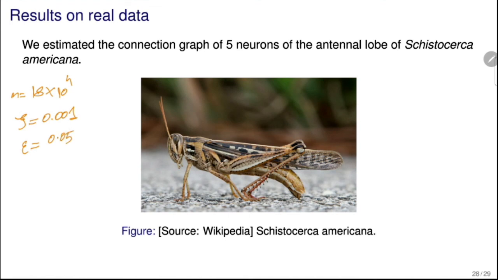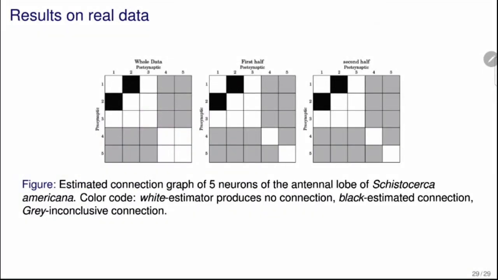With these values of psi and epsilon, and for a value of n equal to 10 to the power 6, if the network was generated by a GL network, we would recover exactly the true interaction graph, as we saw in the simulations. So this justifies our choice for psi and epsilon. The results are the following.